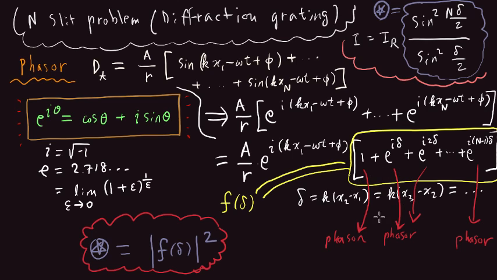Some authors define phasors as a complex number with a certain phase and a constant magnitude, for example A. Some authors multiply A to all of these terms and define each complex number as a phasor. But here, I do something equivalent, but I like a unit complex number. I like the simplicity, so I'm going to define these complex numbers with magnitude 1 as my phasors.